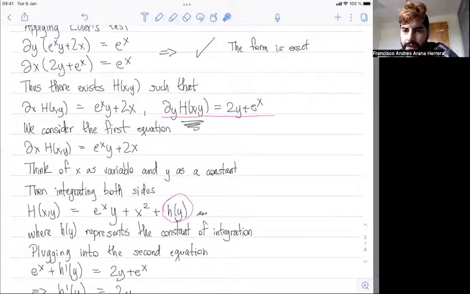That's also perfectly fine. The order in which you do these things never changes the answer, but sometimes one of them is way easier to carry out because the integrals are easier. So keep in mind that for certain problems it might be easier to integrate the equation with respect to y, and then plug it into the equation with the partial with respect to x, just because the integrals that show up will be easier.